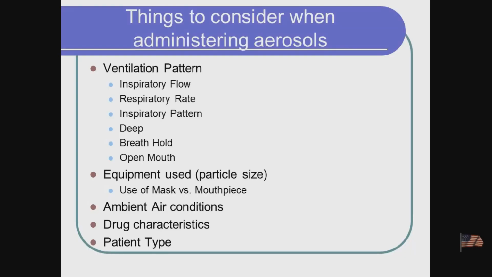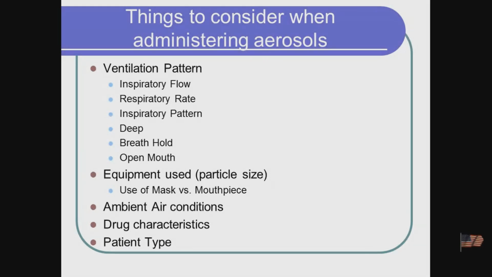All right, so things that we need to consider, and this is basically based upon some aspects of their technique. DPIs specifically have to have a certain amount of minimum inspiratory flow to be able to be used. If the patient can't generate a certain inspiratory flow rate because their respiratory muscles are too weak, or because they're a child and can't generate that flow rate, DPIs are not indicated.